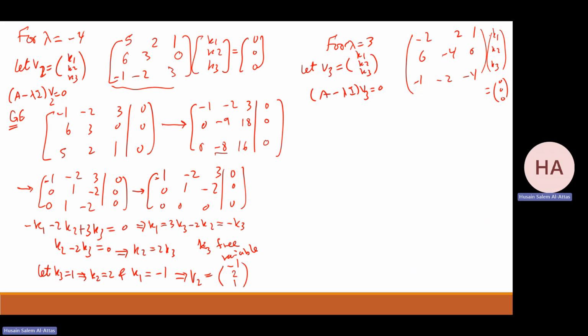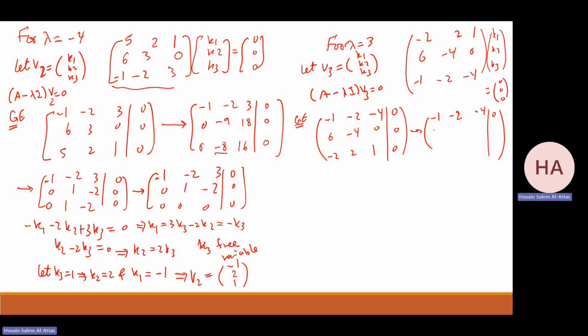So try to do Gaussian elimination. Same idea. I will take this one to be the first row. And this is 6 minus 4, 0. Minus 2, 2, 1. This is minus 1, minus 2, minus 4, 0.